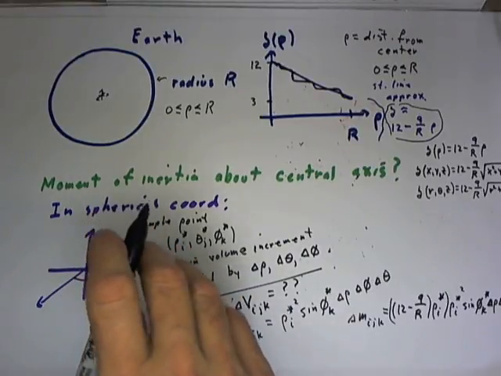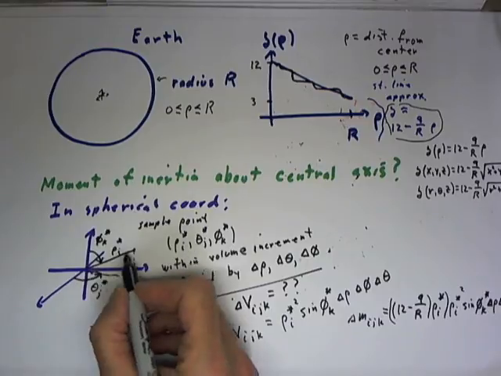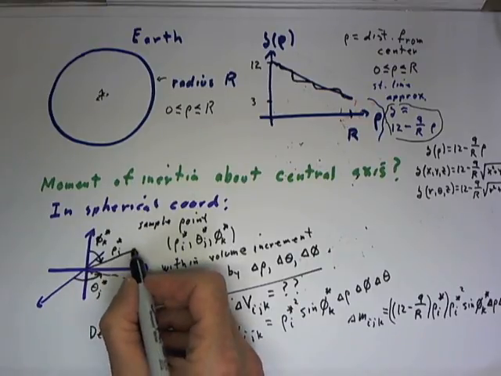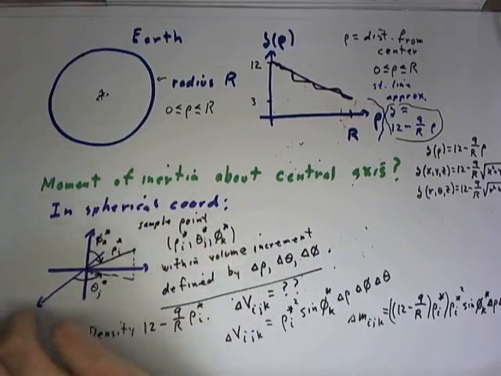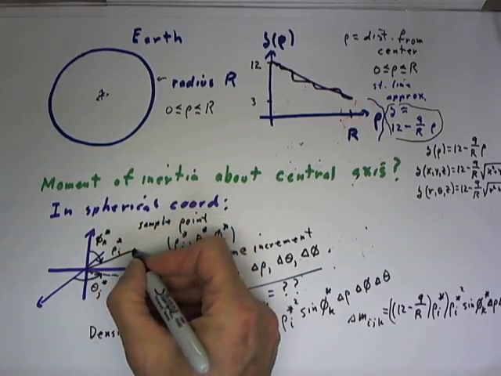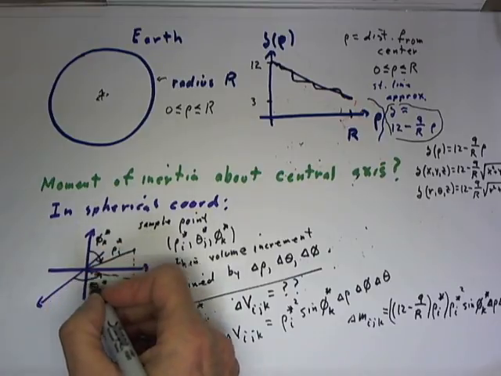What about theta and phi? Well, if we look at our typical rho theta phi point here, if theta goes from 0 to 2 pi, this point here will travel around a circle.